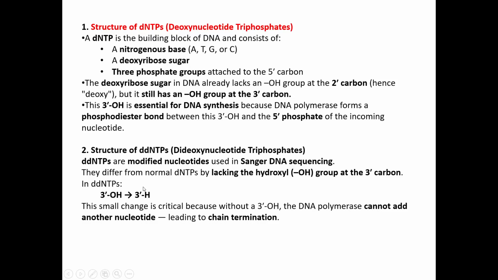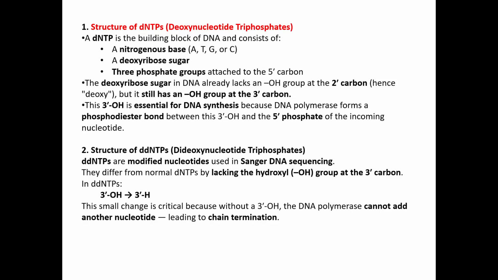So this was made use of by Sanger in DNA sequencing. Whenever he added a particular dNTP along with the ddNTP, when there is a dNTP, the addition continues and the DNA sequence grows. But when you add a ddNTP, the DNA sequence stops there.